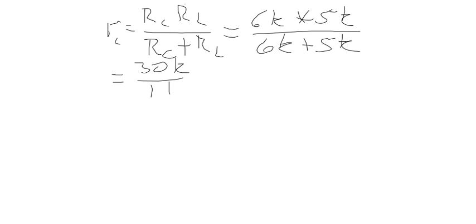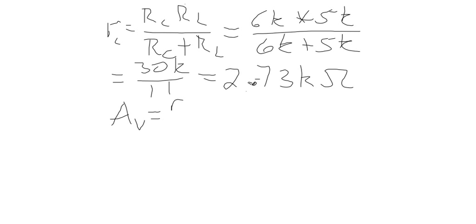Yeah, we call it 2.73K. So now my voltage gain is that little RL over the little RE prime, 2.73K divided by the little RE prime, which was 25 in this case.